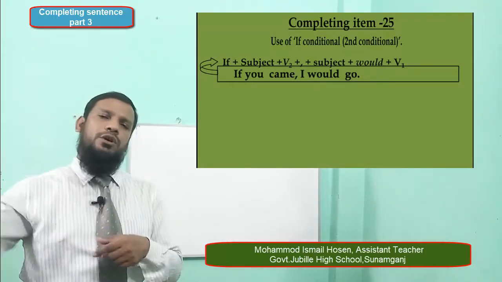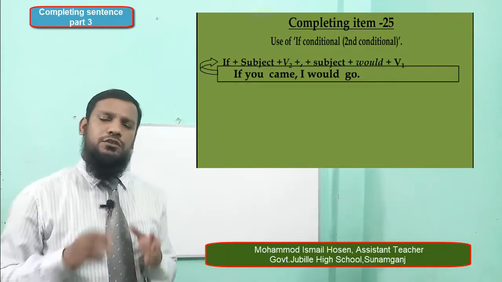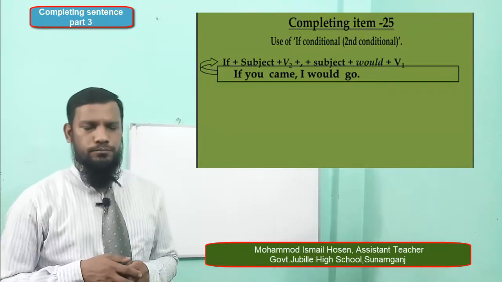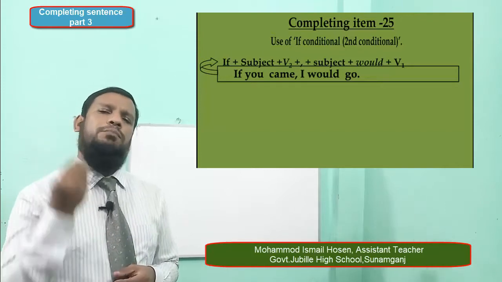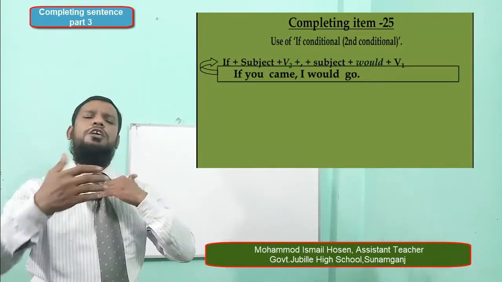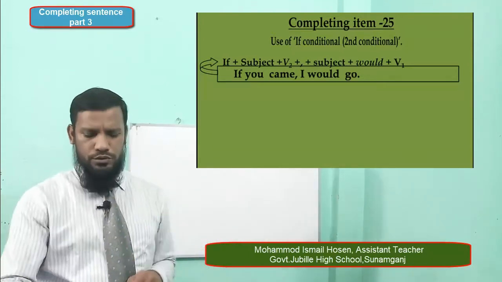Would plus V1. You know that will, would, can, could, shall, should, may, might are modal auxiliaries, and these always take the base form of verbs, isn't it? Okay. If you came, I would go.